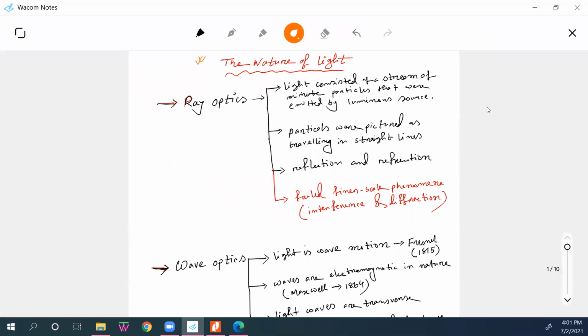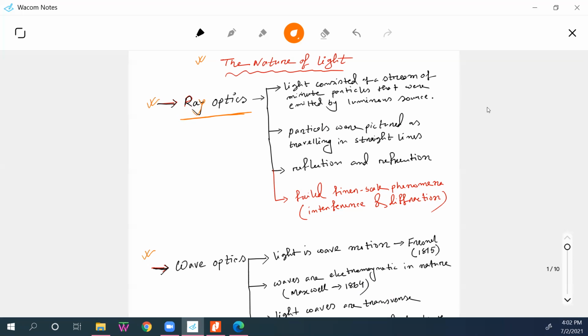Whatever we have done so far, the properties of optics, fall into the category of ray optics. The study of optics is broadly divided into two: ray optics and wave optics. We already studied ray optics in our SSC and HSC.